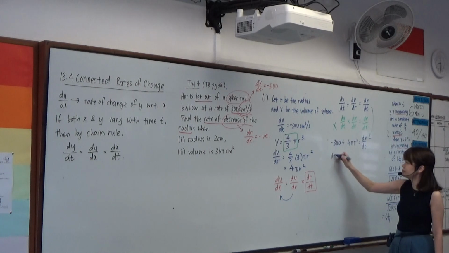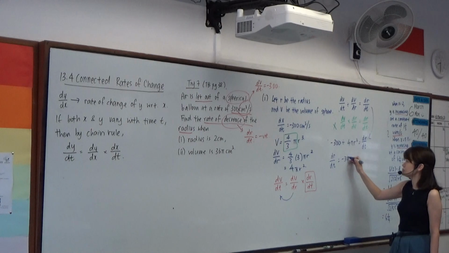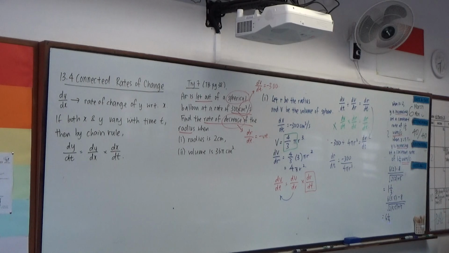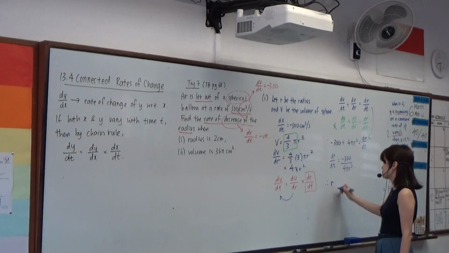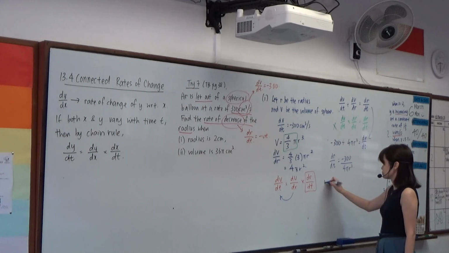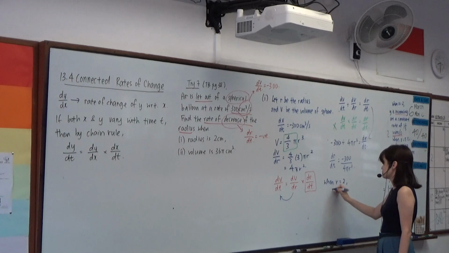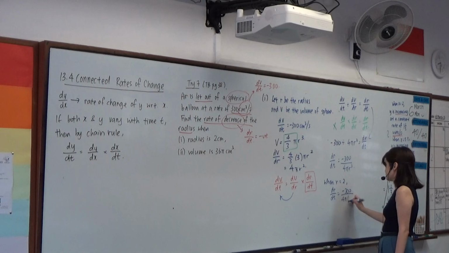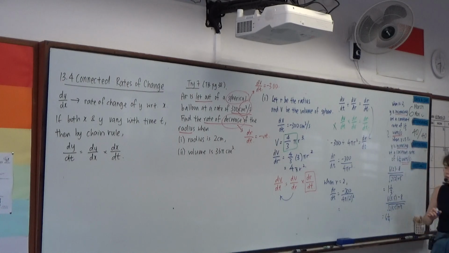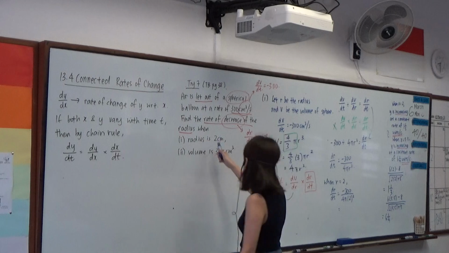In other words, dr over dt is an expression of negative 300 over 4 pi r squared. Then when r equals 2, substituting into dr over dt, why r equals 2 is because the radius is 2 cm.